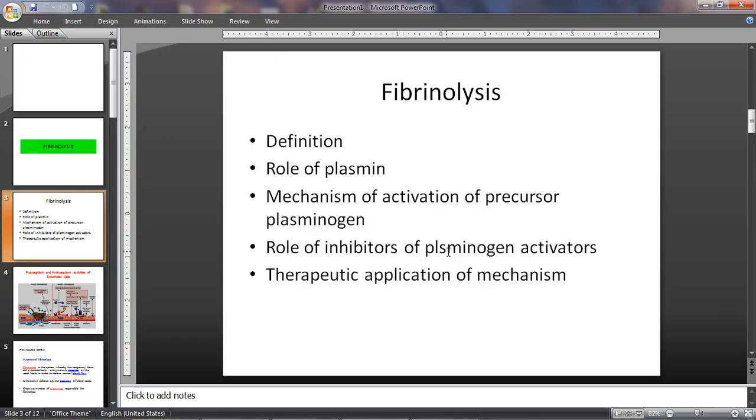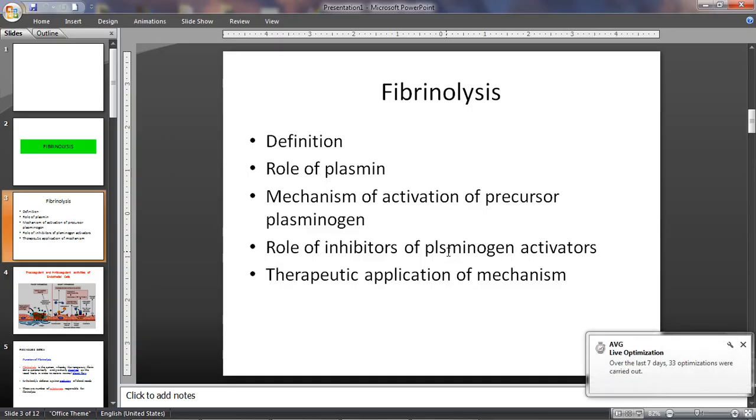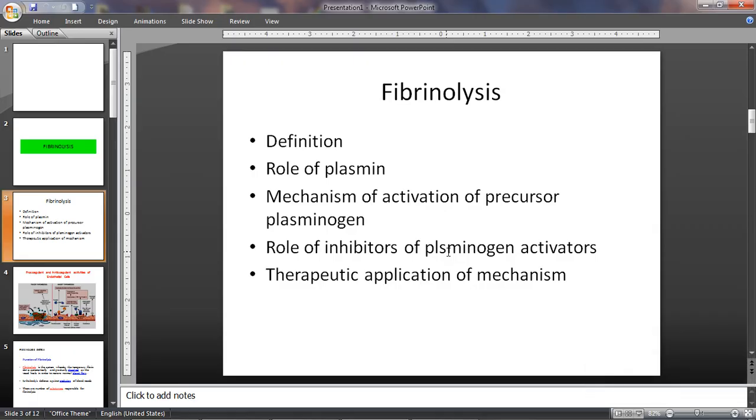So once the inhibitors are inhibited, this means that the plasminogen is activated, and the therapeutic application of this mechanism, which now is a life-saving process in the coronary emergencies or the cardiac emergencies.